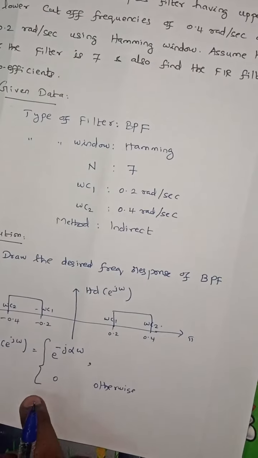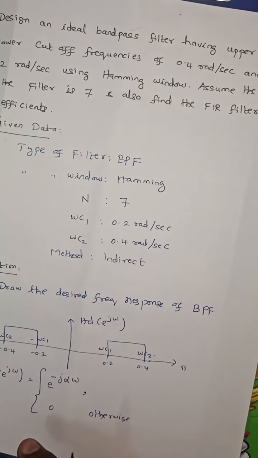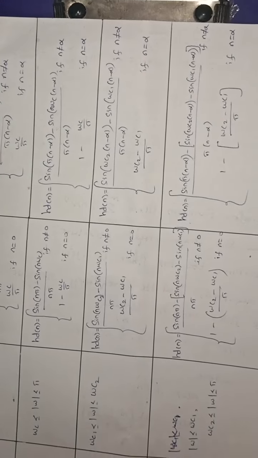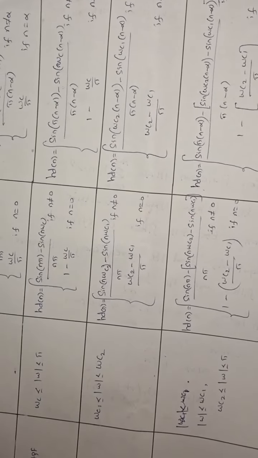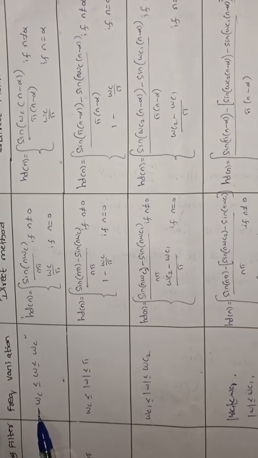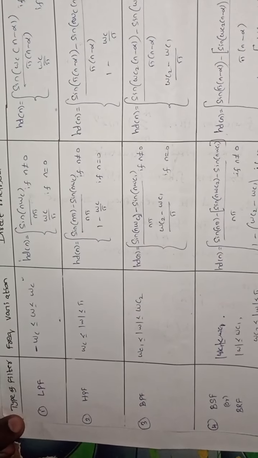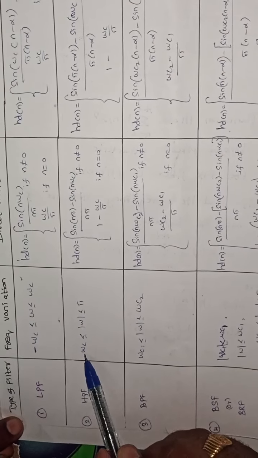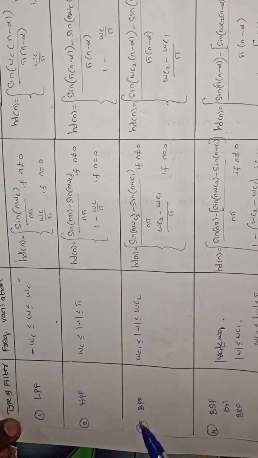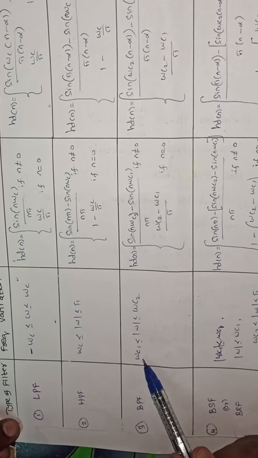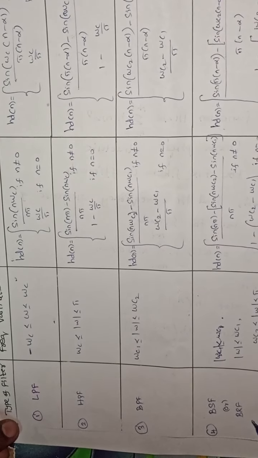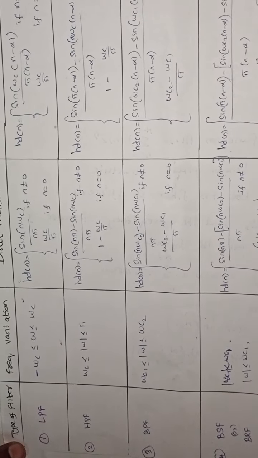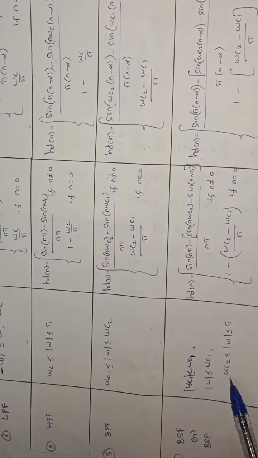Before writing this, we should know the basic concepts of filters. For a low pass filter, the frequency variation is from minus omega c to plus omega c. For a high pass filter, modulus of omega varies from omega c to pi. For a band pass filter, modulus of omega varies from omega c1 to omega c2. For a band stop filter, modulus of omega is less than or equal to omega c1, and modulus of omega varies from omega c2 to pi.